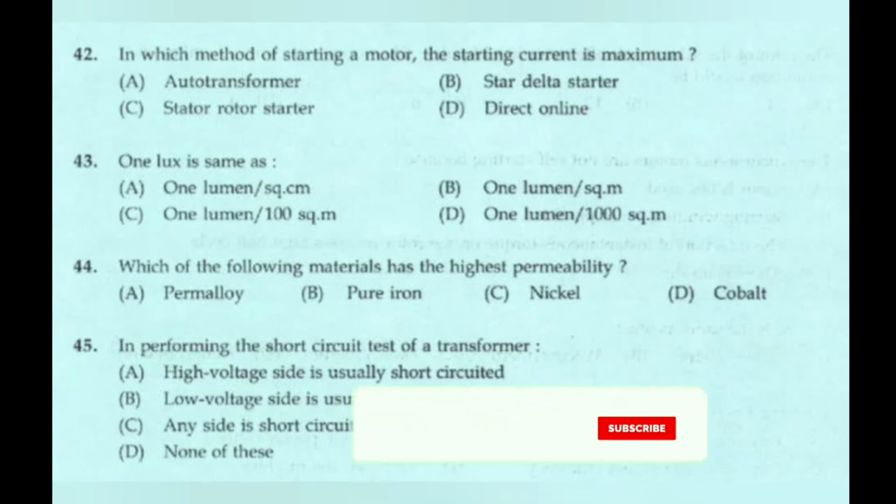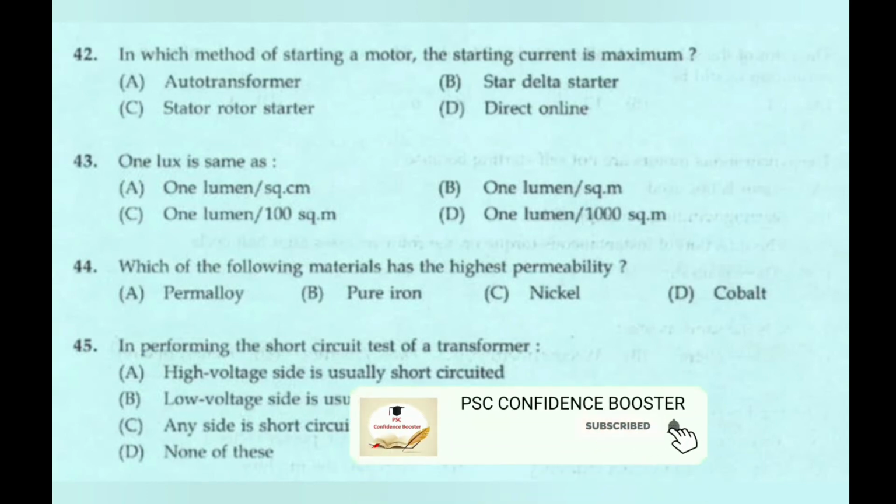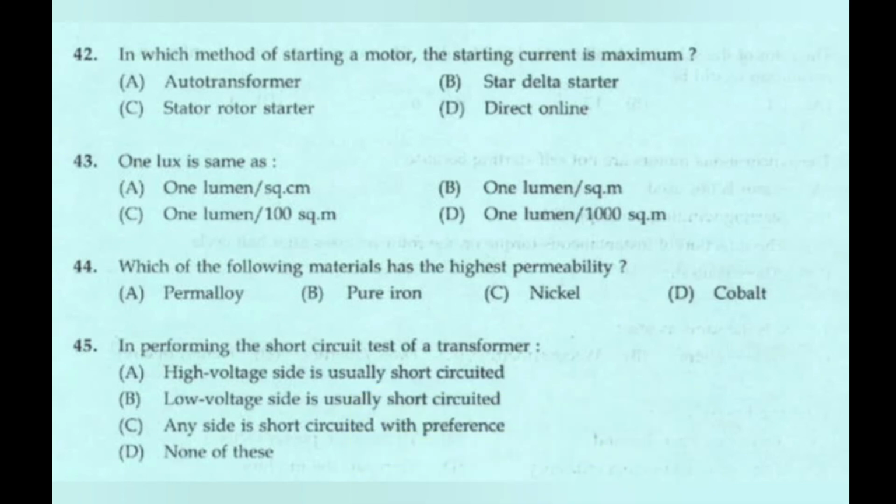Question number 42. In which method of starting a motor is the starting current maximum? Answer is option D, direct online.